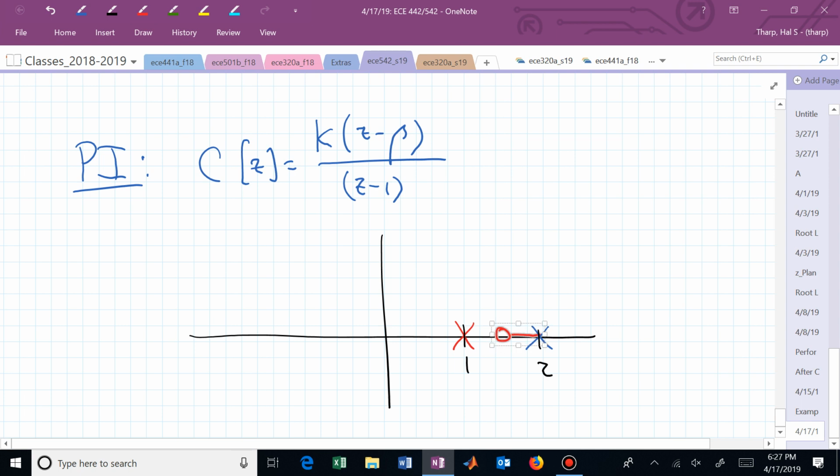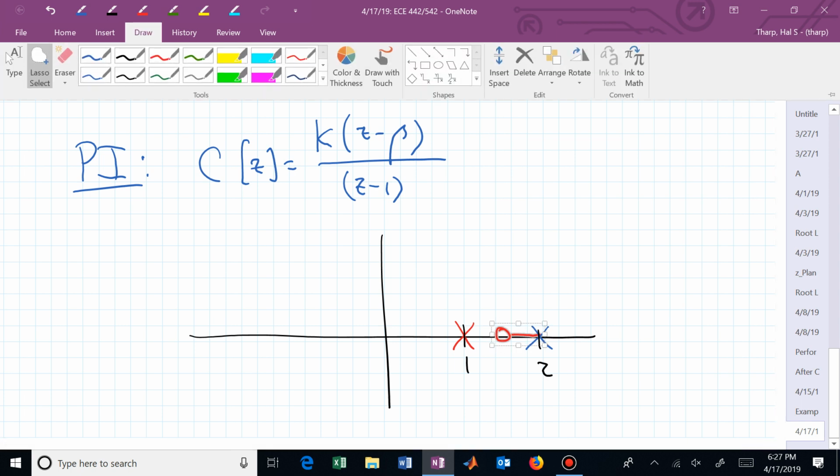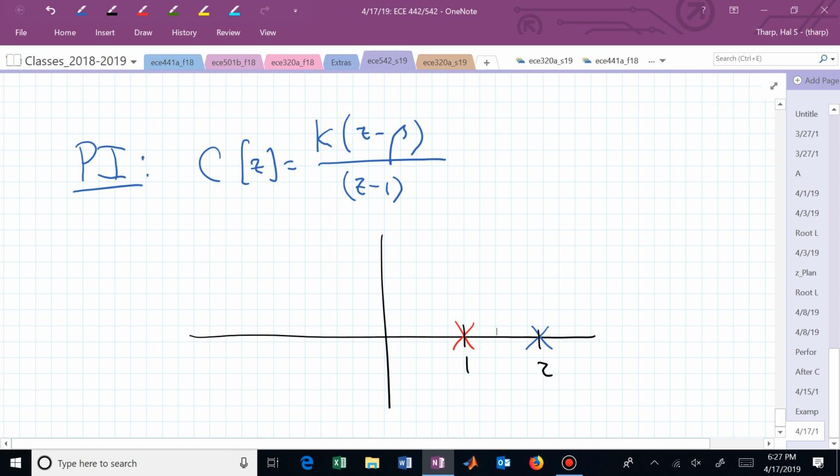Not sure I'm going to be able to do what I want, but I'm going to try. Doesn't take much, does it? So now what do I want? You don't want to cancel that pole at 2.